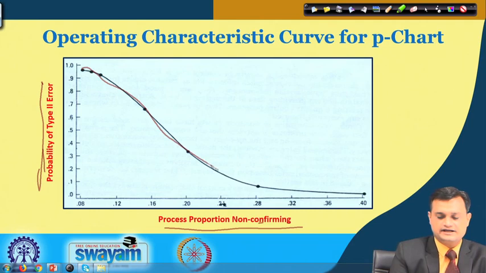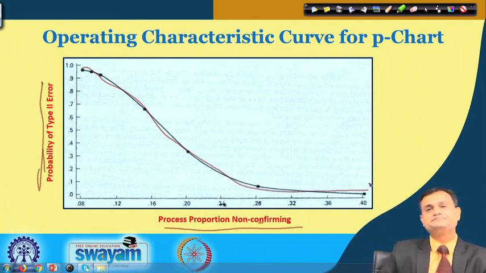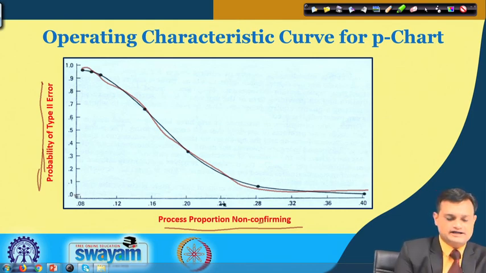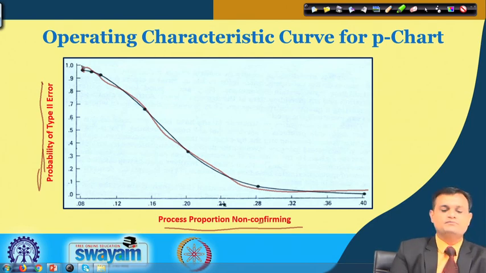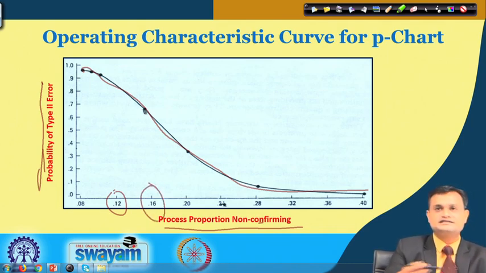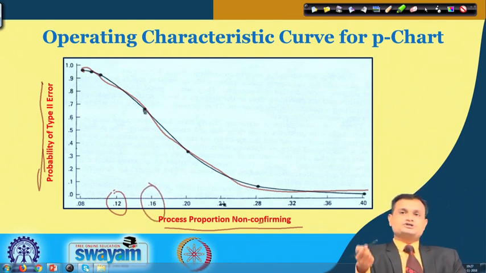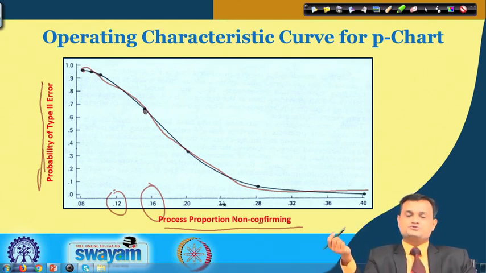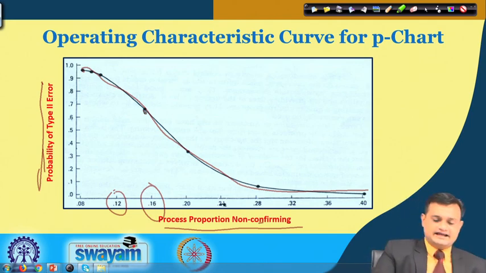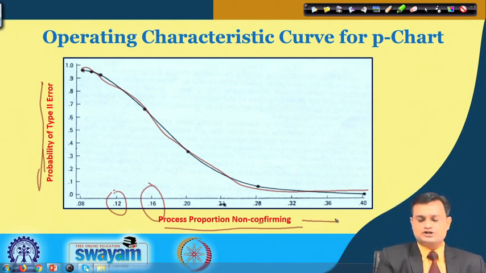You get an OC curve like this. So, how to interpret? You have 0.08 and you have some value of probability of type 2 error, you have 0.12, you have some value, you have 0.16. Basically, the values I found in the Poisson distribution table, I just plotted here.